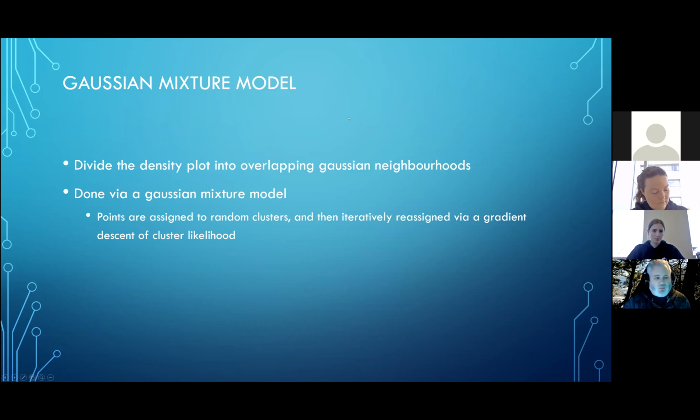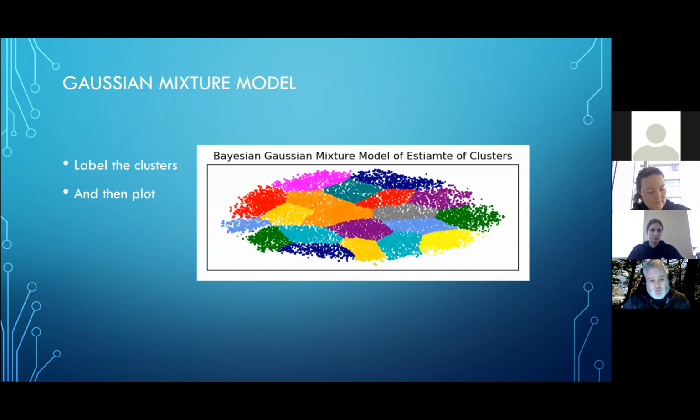In our work, we've been using Gaussian mixture models instead. We found them to work a little better, but the technique is very, very similar. So points are assigned to random clusters and then iteratively reassigned with gradient descent. And again, you get some labeled output of the behavioral space. And so the various points in time are divided into various behavioral clusters.